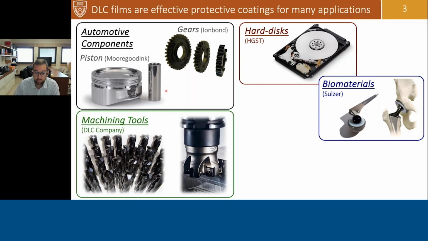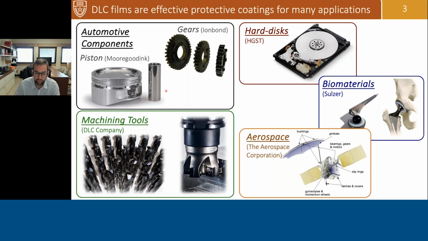Because of the biocompatibility and bioinertness of DLC, these materials have also been used for joint implants and other applications. And finally, because of the low friction coefficient of these materials in vacuum, they have also been used and applied in aerospace components.